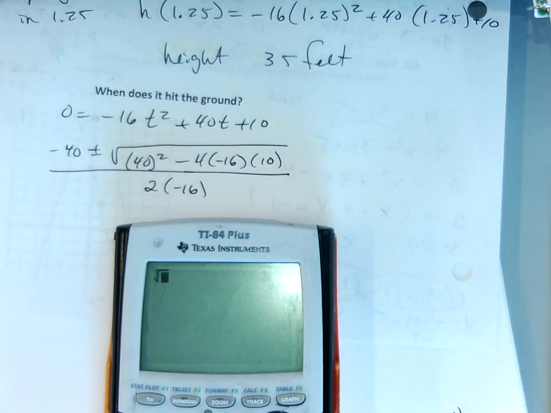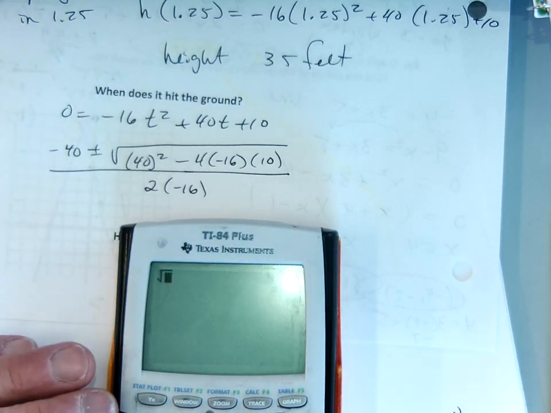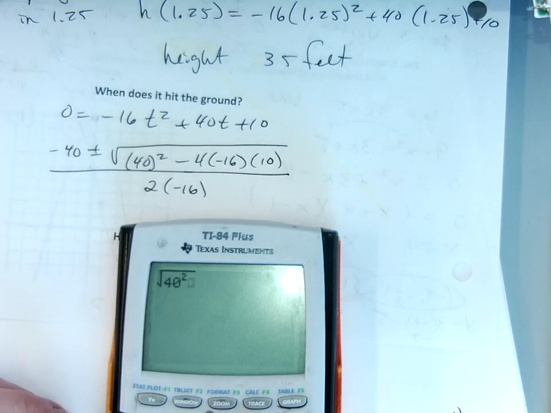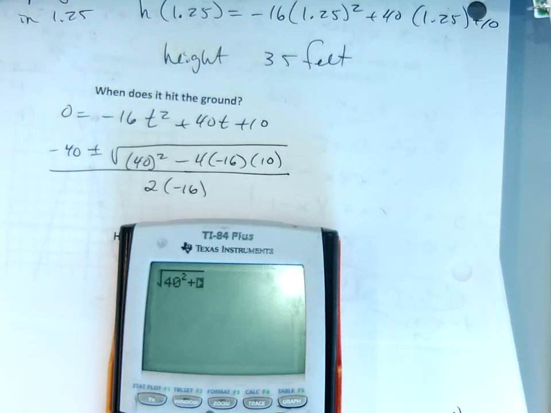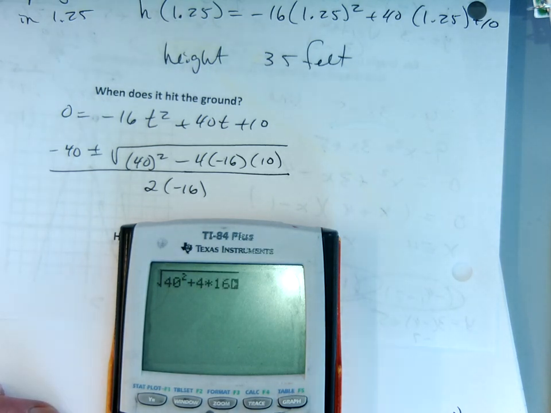Square root 40 squared, right? Plus. Now, Retta, go ahead and ask, will you please ask, Retta? Why did I put plus? I'm trying to help myself out. Negative times negative, right? 4 times 16 times 10. And all of that is going to be about a 47.3.